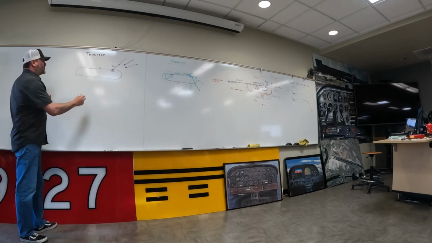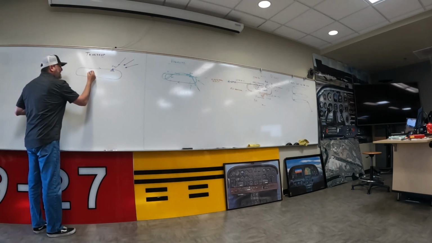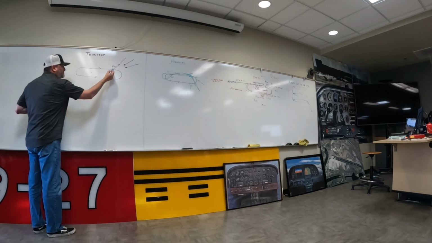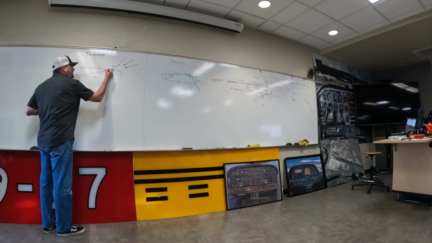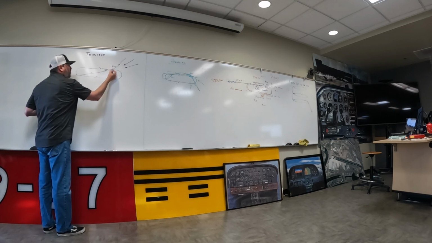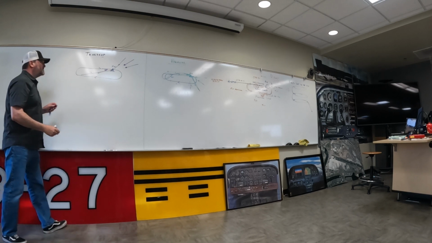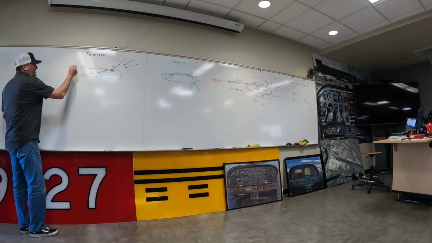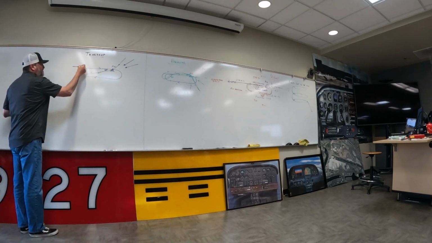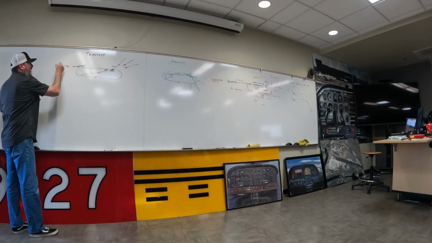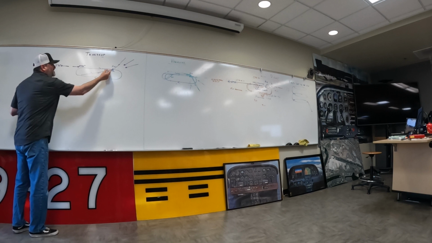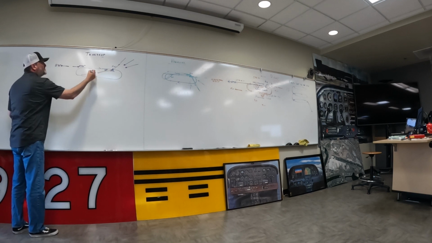A teardrop entry, this is the safe zone on the inside. I do a 30-degree angle. I make this 30 degrees between the outbound course and the angle that I fly. So if this was 090 inbound, it would be 270 outbound. If I want this to be 30 degrees, 240.